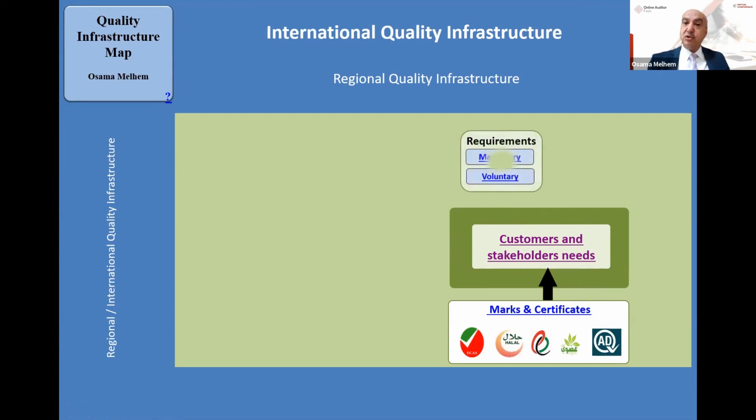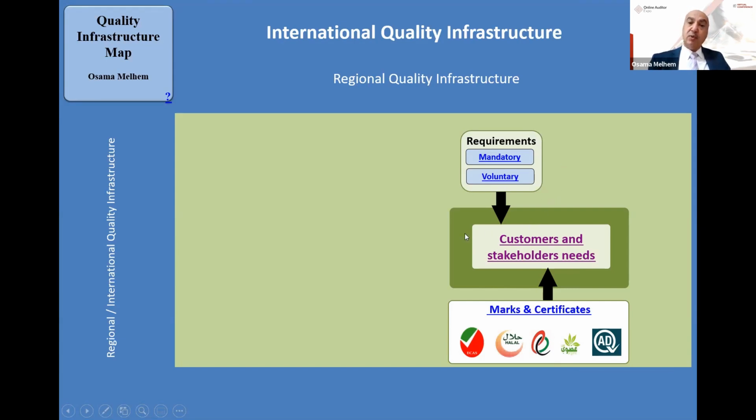First of all, he should meet the requirements. There are special requirements for ECAS, special requirements for halal, special requirements for the Emirates quality mark, and the same for the Abu Dhabi Trust Mark. So we have either mandatory requirements or voluntary requirements.